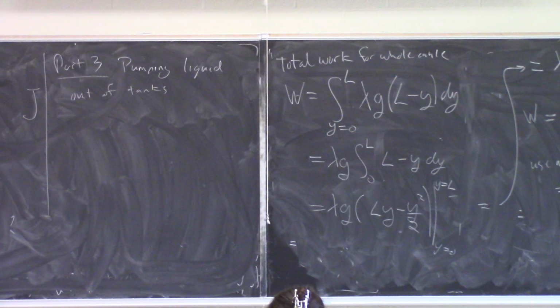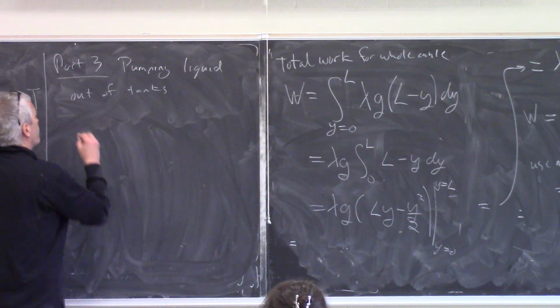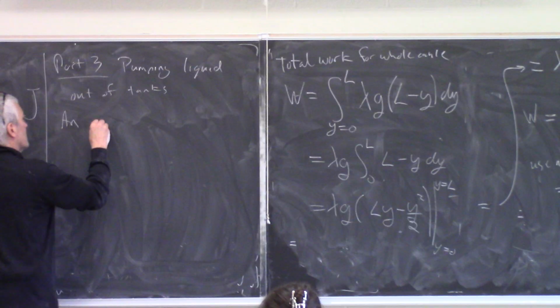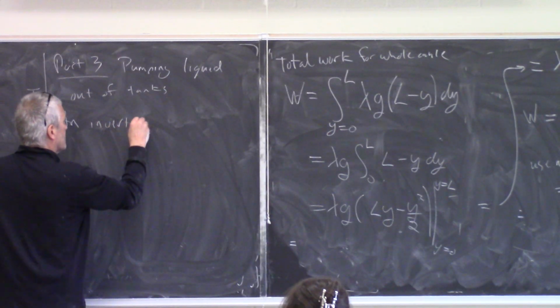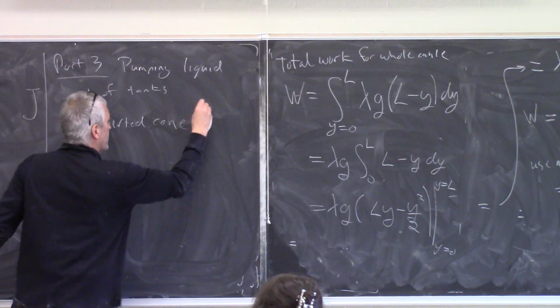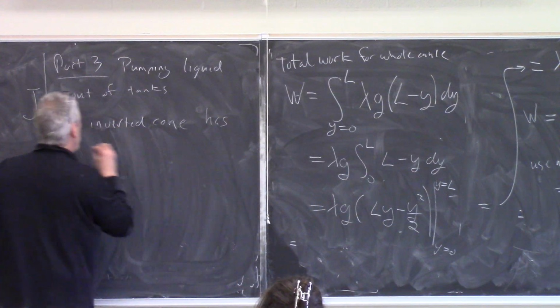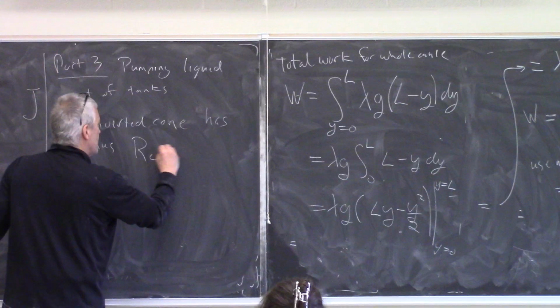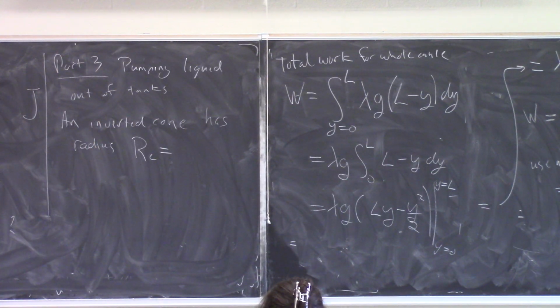Okay, so an inverted cone has radius capital RC equals 5 meters.